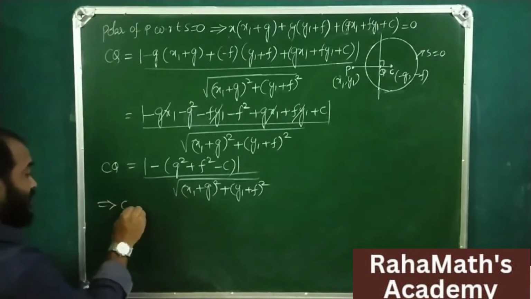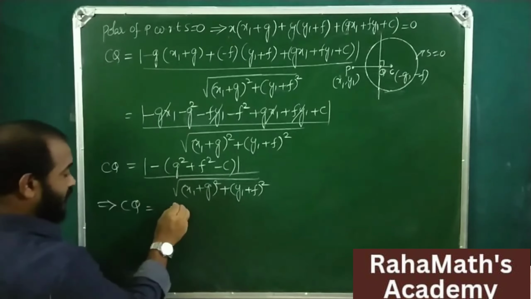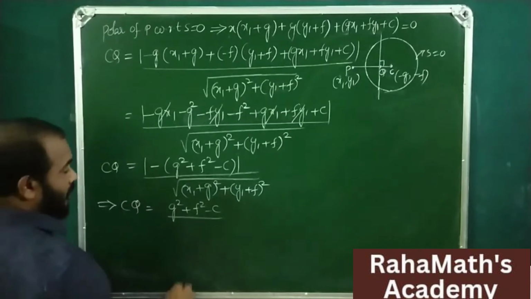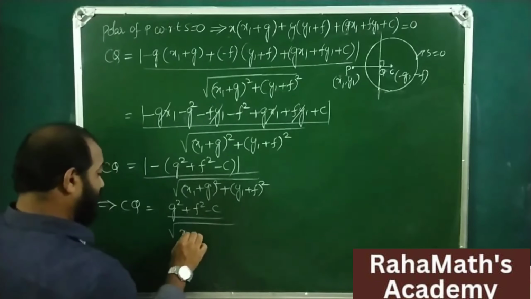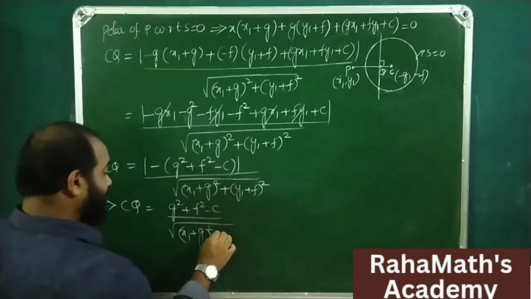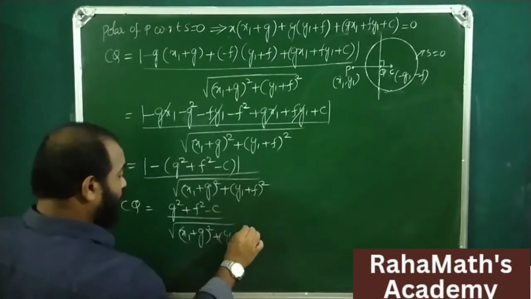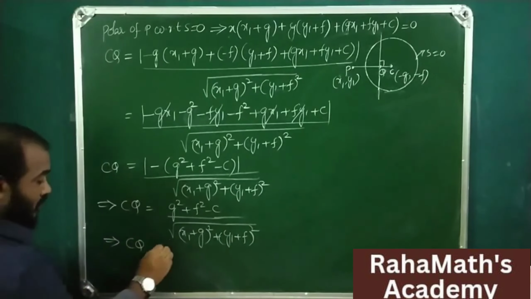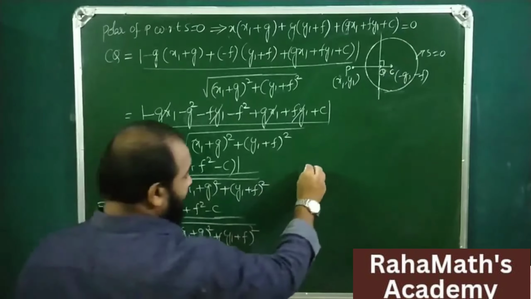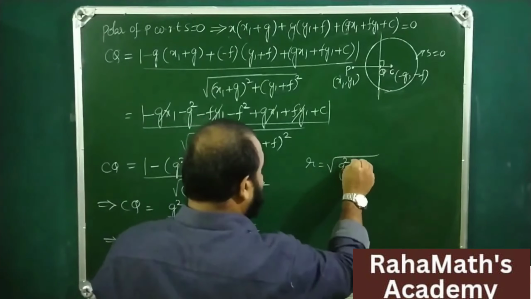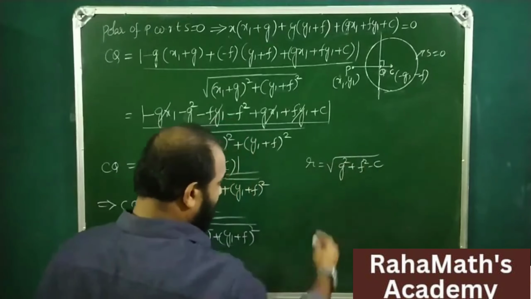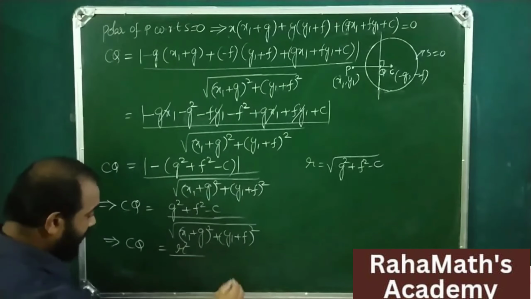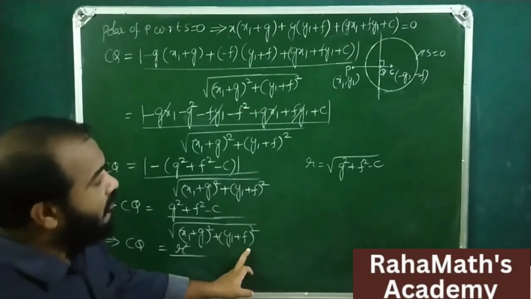So that implies CQ is equal to modulus of g square plus f square minus c, by (x1 plus g) whole square plus (y1 plus f) whole square. What is the radius? R equals square root of g square plus f square minus c. R square is g square plus f square minus c. Therefore, this value is r square by (x1 plus g) whole square plus (y1 plus f) whole square.